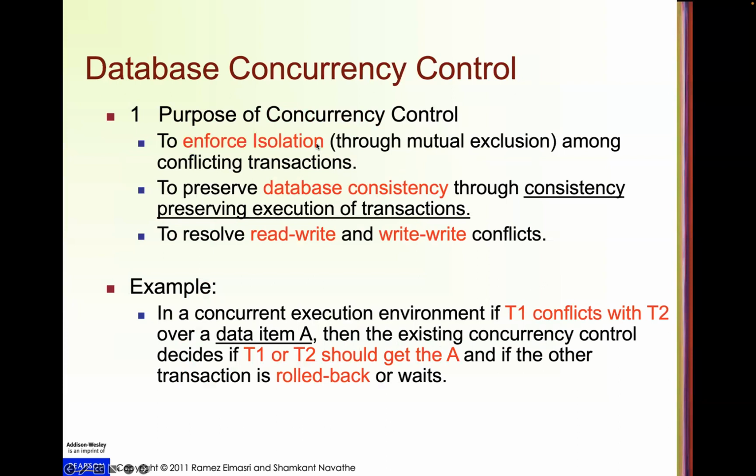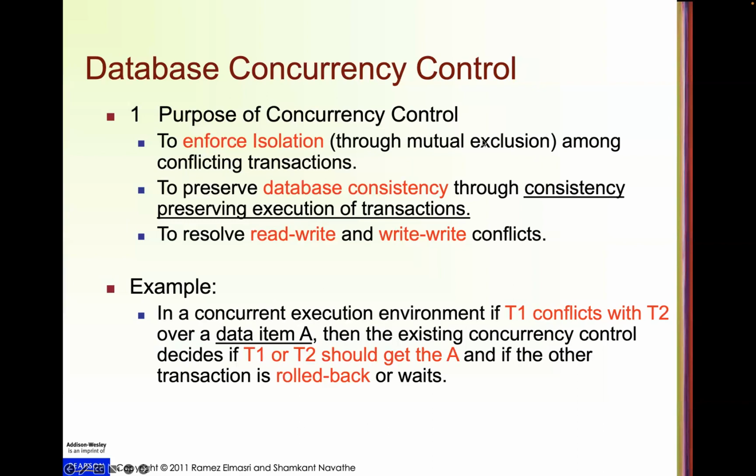However, we know that the database can be a multi-user database. Many users can request the same data item. There is a high possibility that concurrent transactions make changes to the data item X at the same time and leave the database in an inconsistent state.